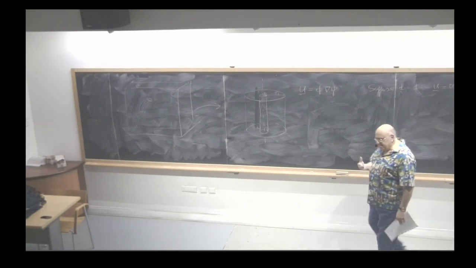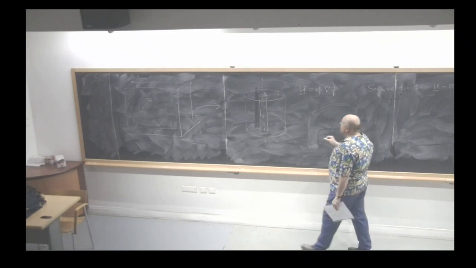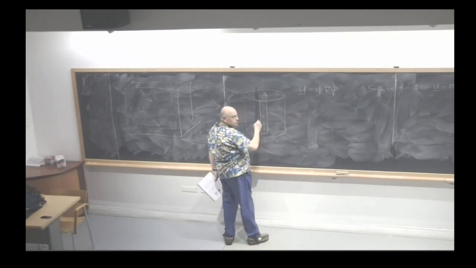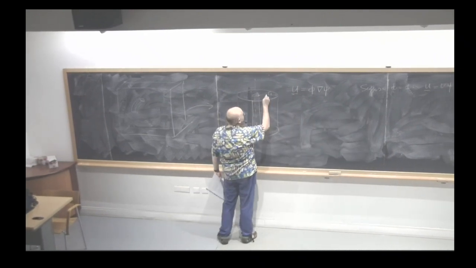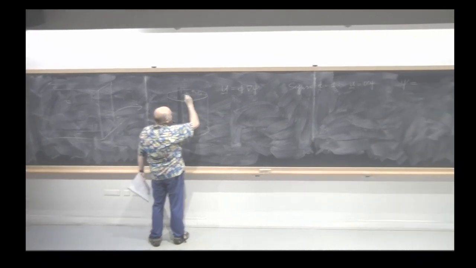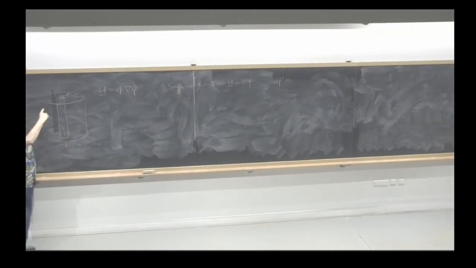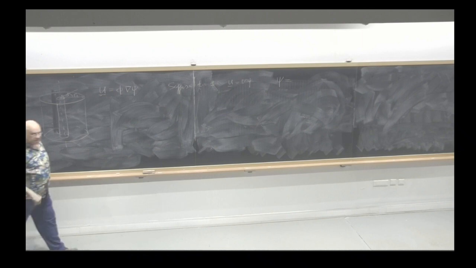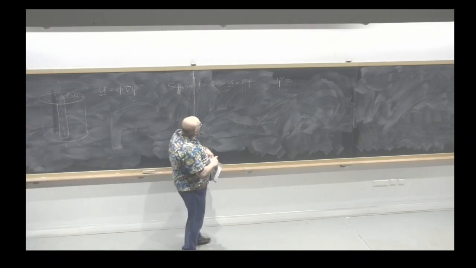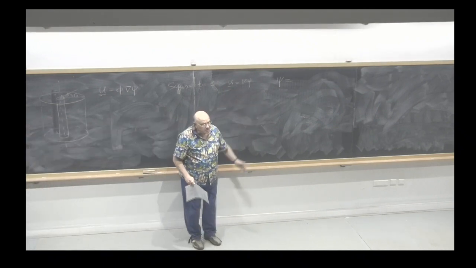Psi, a particular psi, now I'm going to confuse you a little bit. The psi that he chooses is actually, in cylindrical coordinates, the theta angle. It would be grad theta.